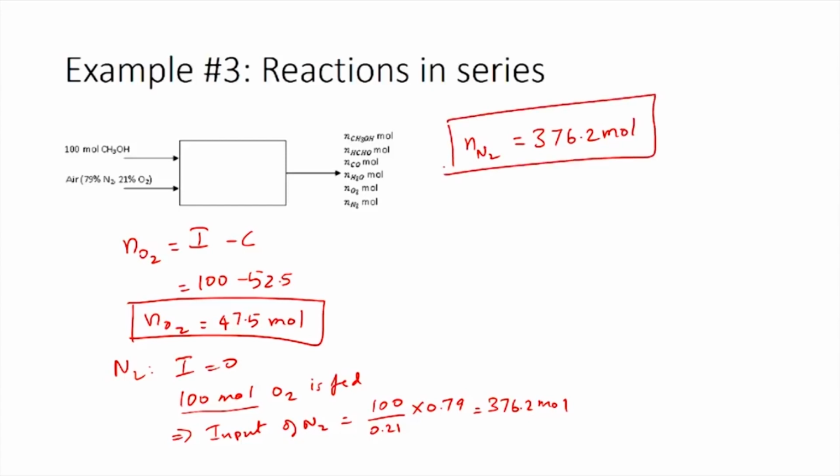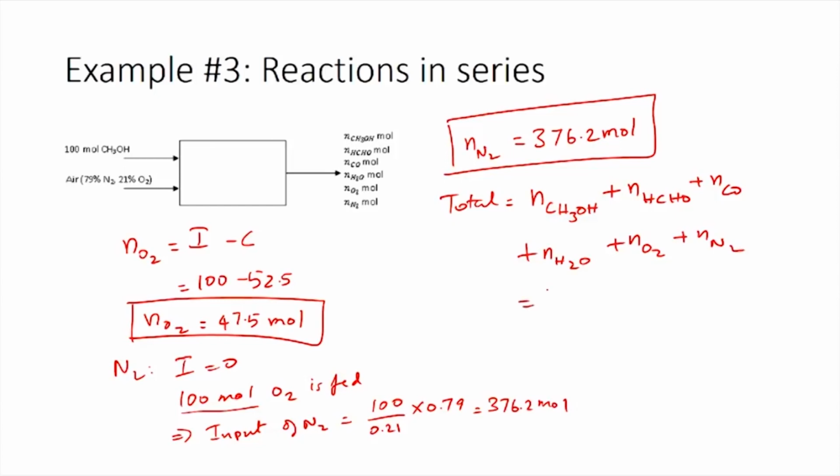Now that we have the number of moles for each of the components in the system, we have to now calculate the mole fractions for this. Total number of moles in your product gas would be total equals N CH3OH plus N HCHO plus NCO plus NH2O plus NO2 plus NN2.